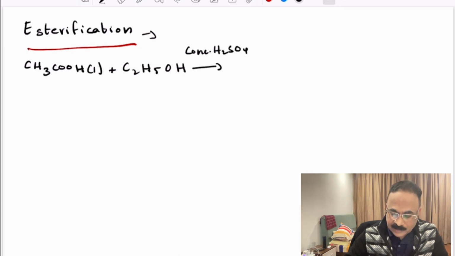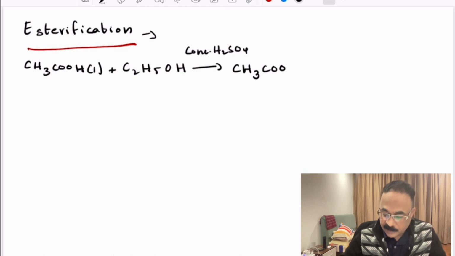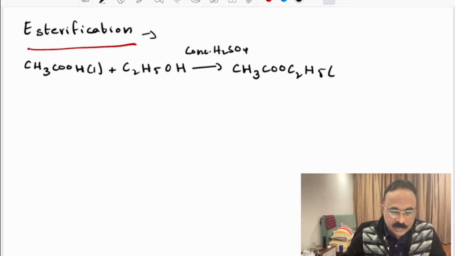H2SO4, and then it will get converted into an ester, CH3COOC2H5, plus this is a liquid, plus we have water, H2O, which is also a liquid.